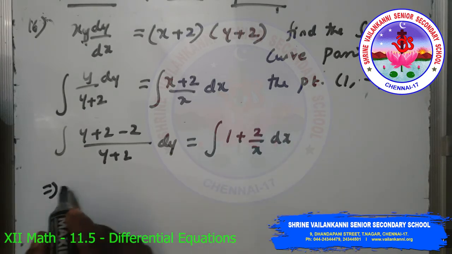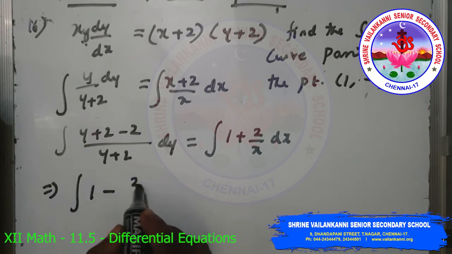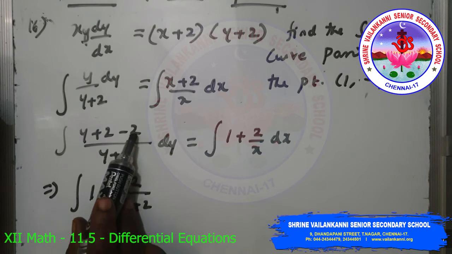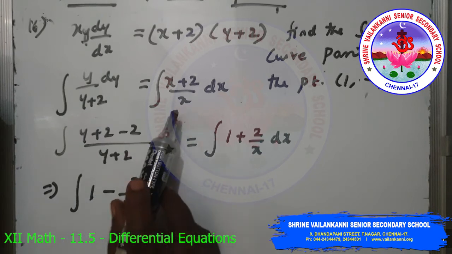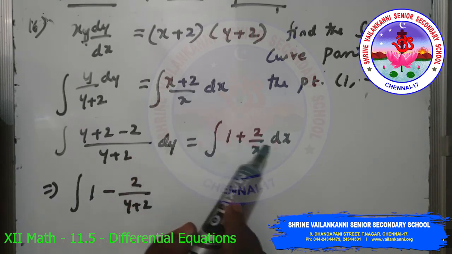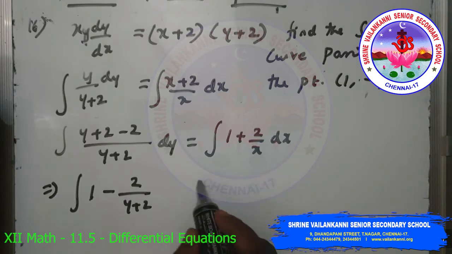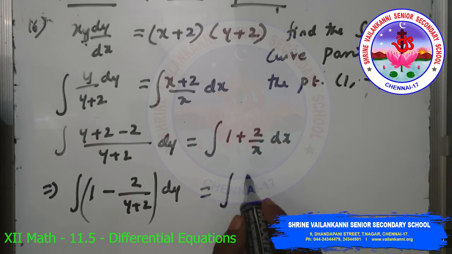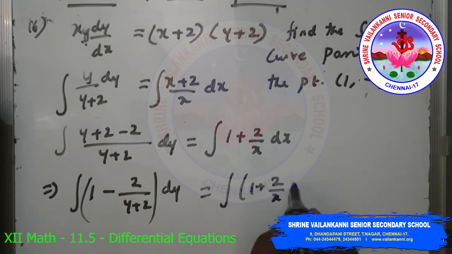So which is equal to integral of 1 minus 2 by y plus 2. Here y plus 2 by y plus 2, which is 1, minus 2 by y plus 2. Here also x by x is 1 plus 2 by x into dx. So into dy, which is equal to 1 plus 2 by x into dx.